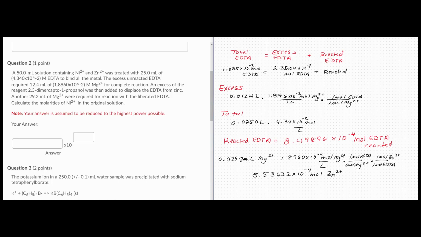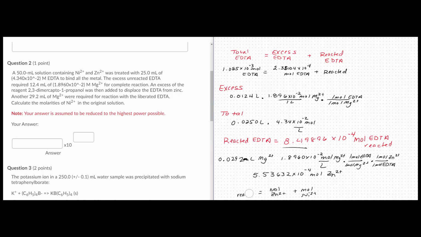Now the question asks, what is the molarity of nickel in the original solution? Well, I have the moles of zinc. I have how many moles of EDTA total were reacted. So again, we have a total reacted is going to be equal to moles that reacted with zinc plus moles that reacted with nickel.